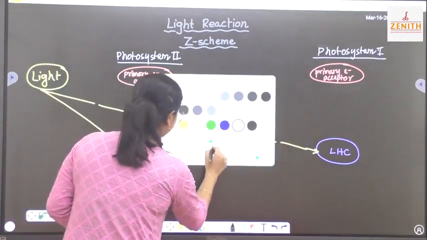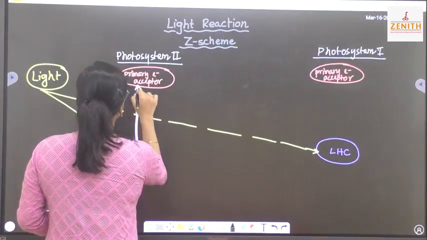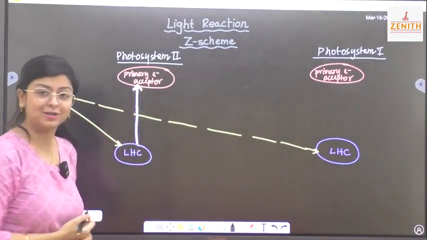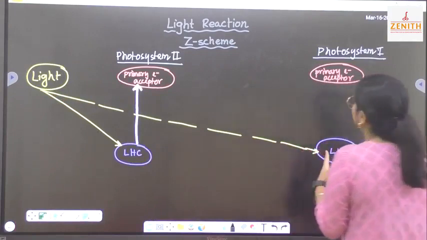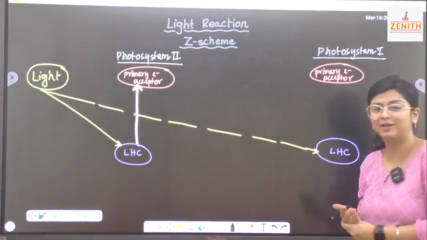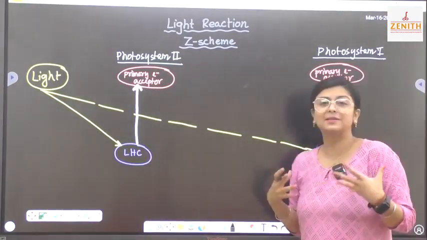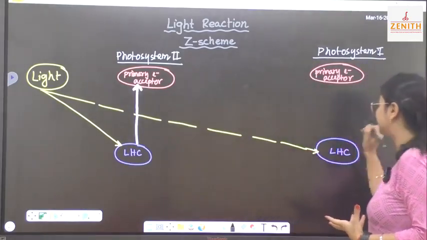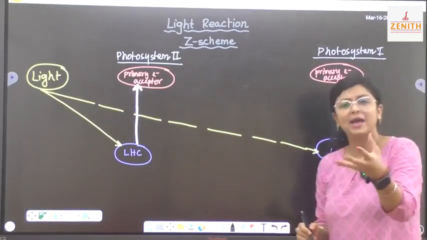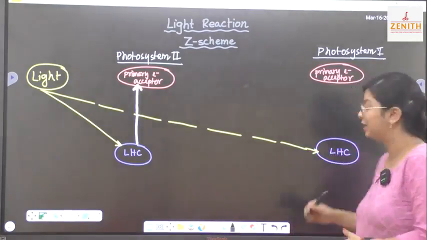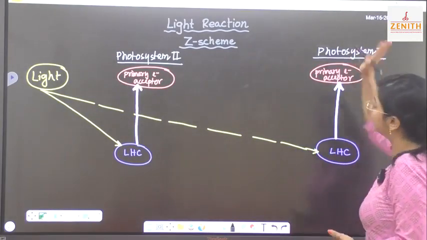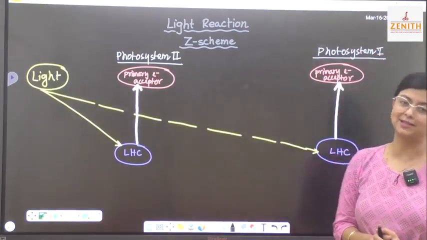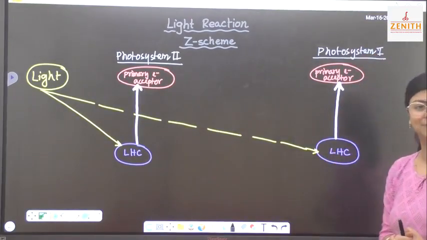In the same way, when the light reaches the LHC of photosystem 1, by absorbing 700 nanometer of light, this LHC and reaction center get excited and release the electron, so that now the electron is present in the primary electron acceptor of photosystem 1.